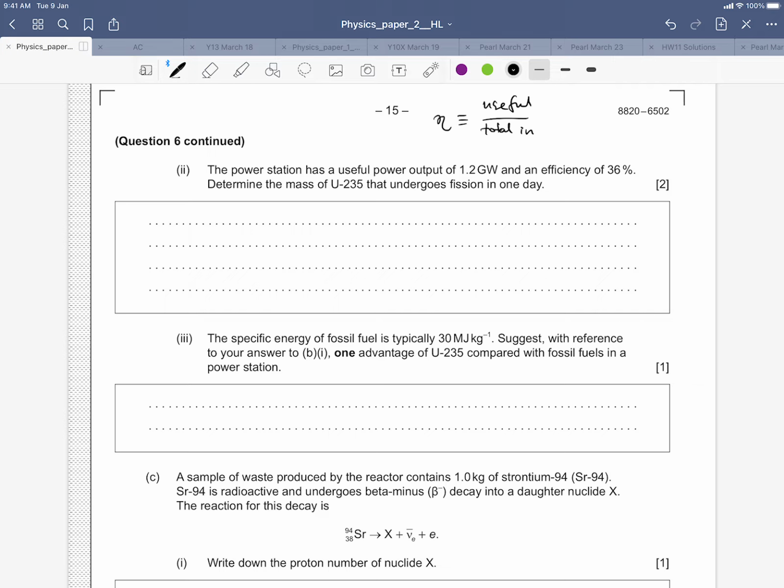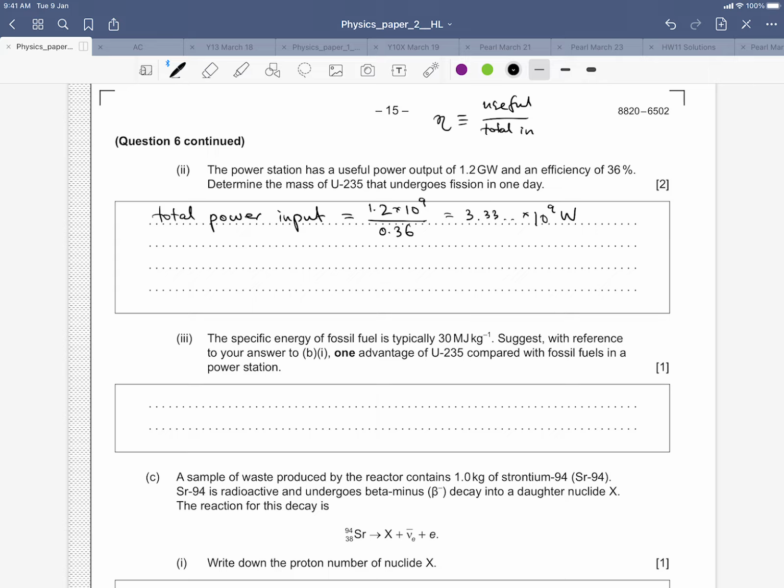And there you get 3.33 times 10 to the 9, and this is joules per second, right? So watts, 3.3 billion watts goes in, and then roughly 1/3 of that is the useful power output. But how much uranium do we need to break apart every day in order to get that power?